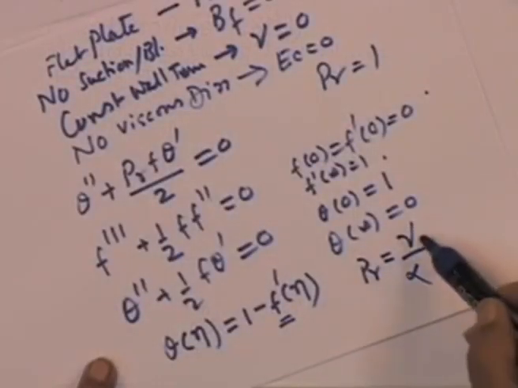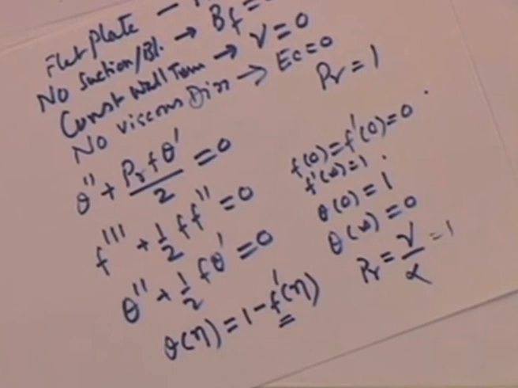Remember, Prandtl is just simply nu by alpha. So, if this is equal to 1, the rate of diffusion of momentum and heat are equal, and we say in such a case there is a perfect analogy between heat and momentum transfer, and all thicknesses would be equal.